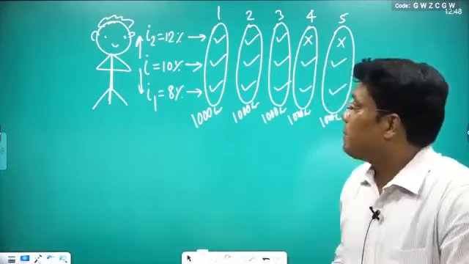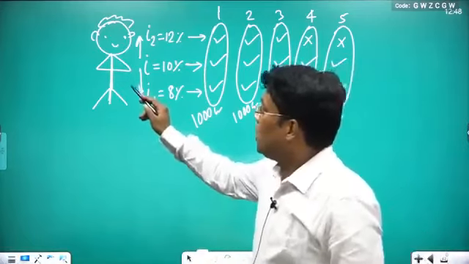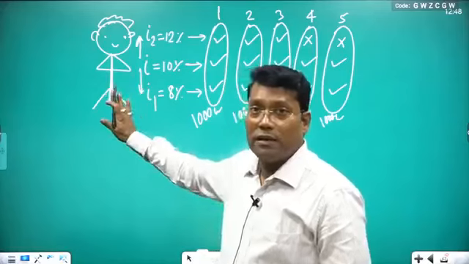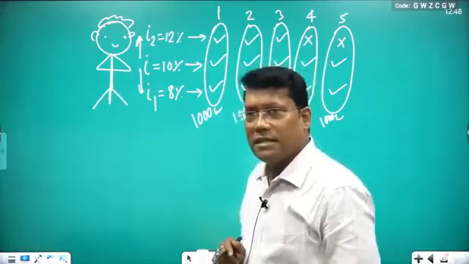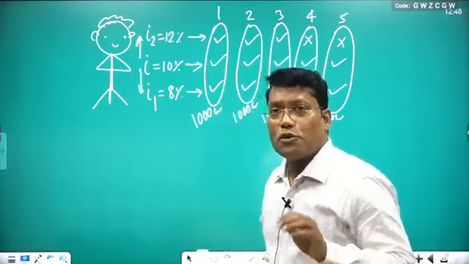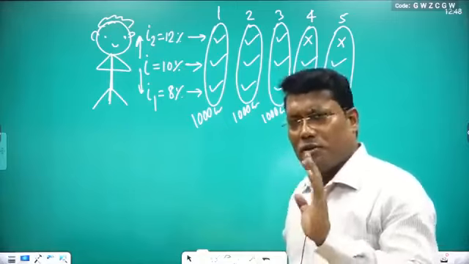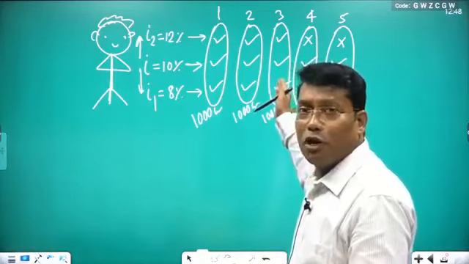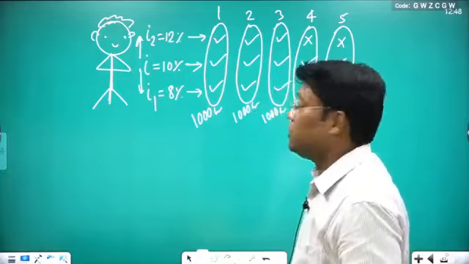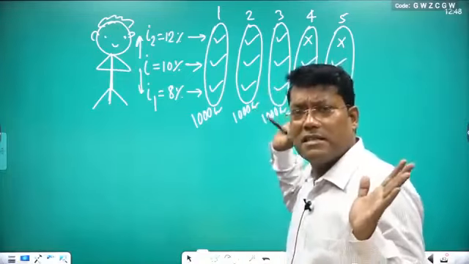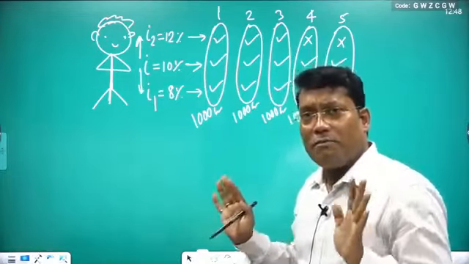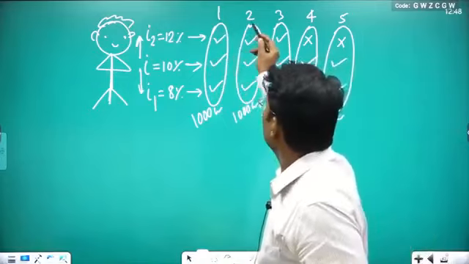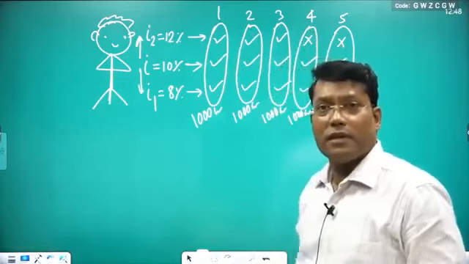Now let us consider you are a rational producer, you are here. Let us consider you have the option of 5 projects, different projects, maybe school projects, maybe college projects, maybe any firm you are going to open, maybe your farm you are going to develop. So you have 5 projects, project number 1, 2, 3, 4, 5.